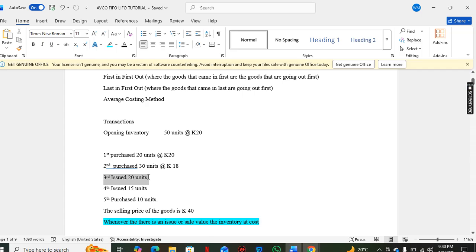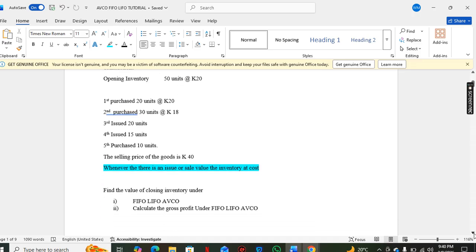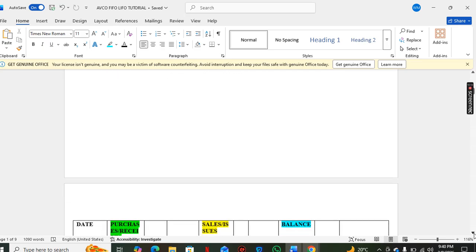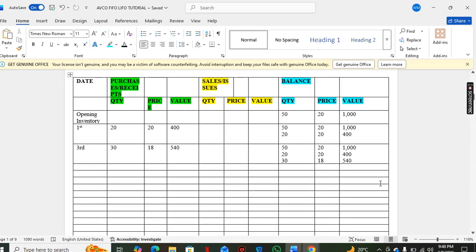So also when there is an issue, this is where, if it's FIFO or LIFO, the actual thing takes place. So we issued 20 units. Alright, so we're using the first in, first out. So we're going to issue out the oldest stock.